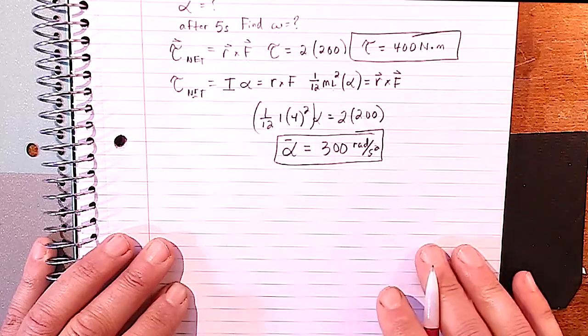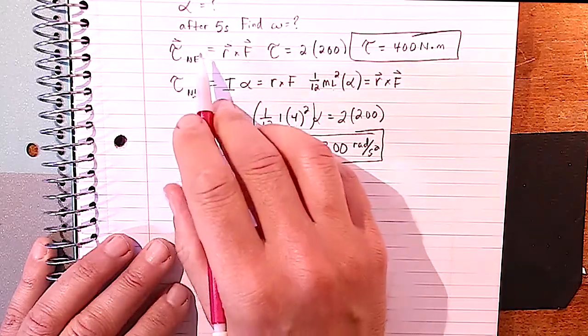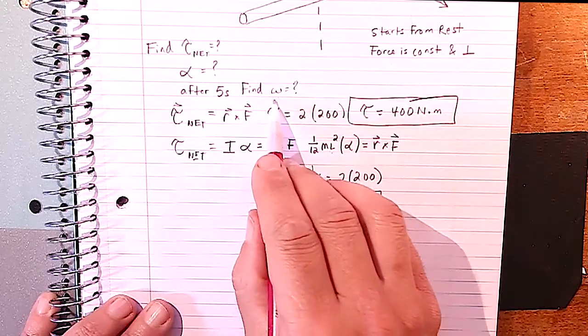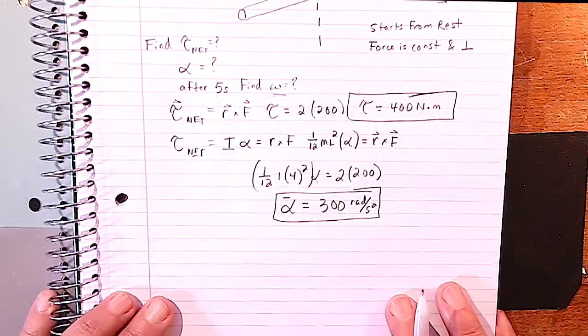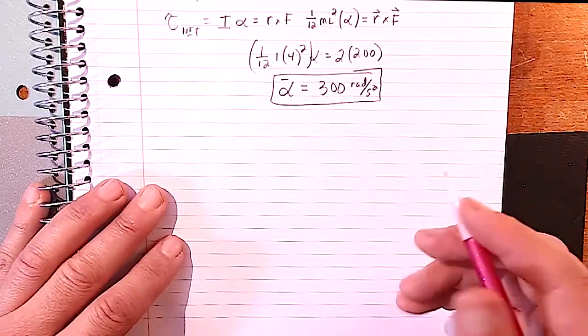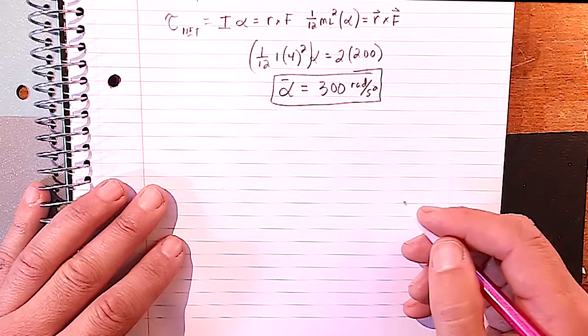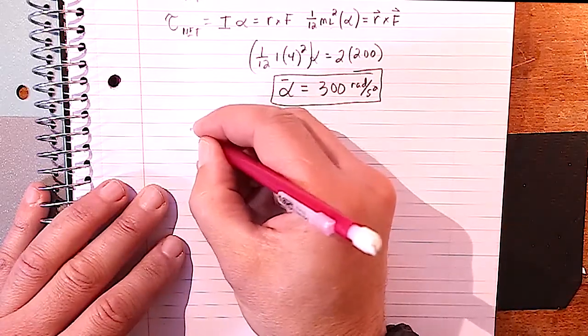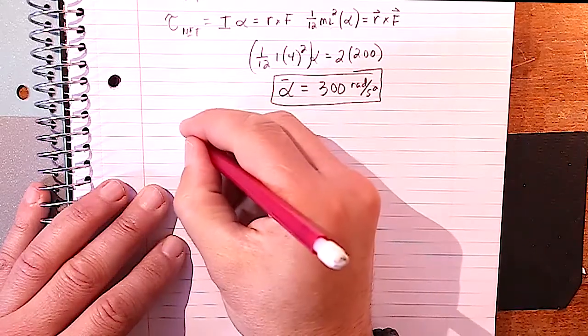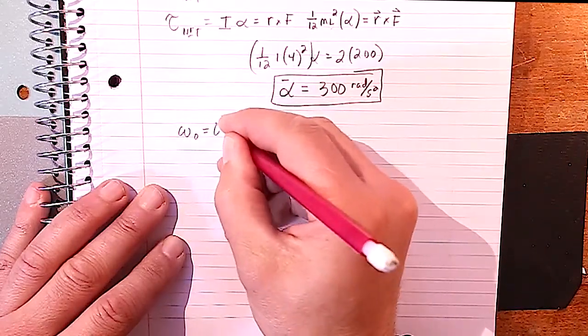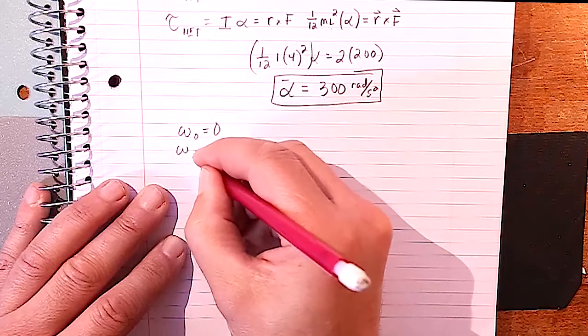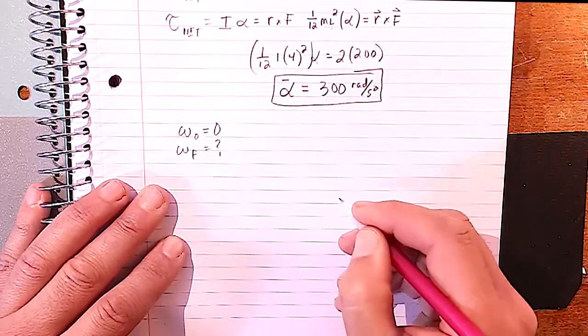And the last question was, what is its angular velocity after 5 seconds? So this becomes an angular velocity using rotational kinematics problem. It started from rest, so our omega initial is 0. Our omega final is what we're looking for.